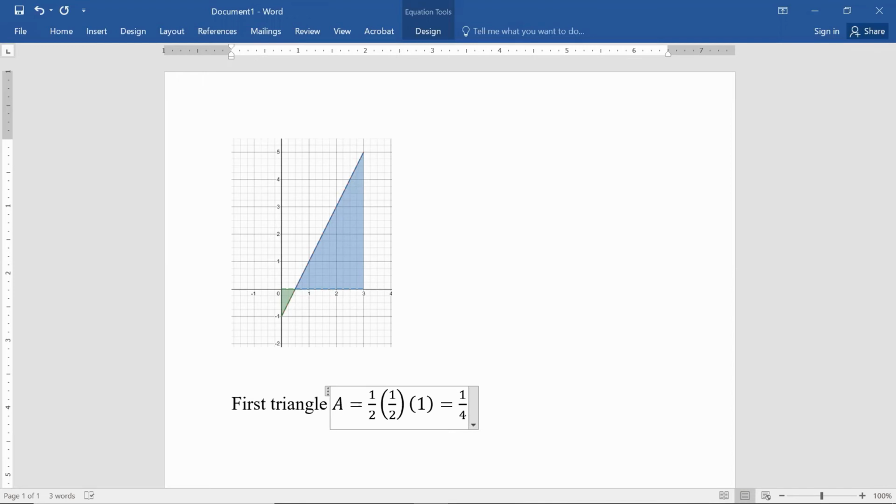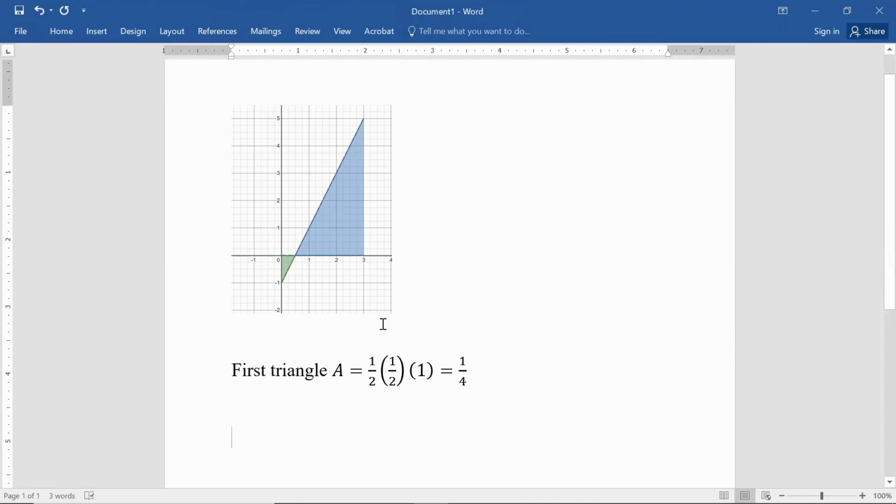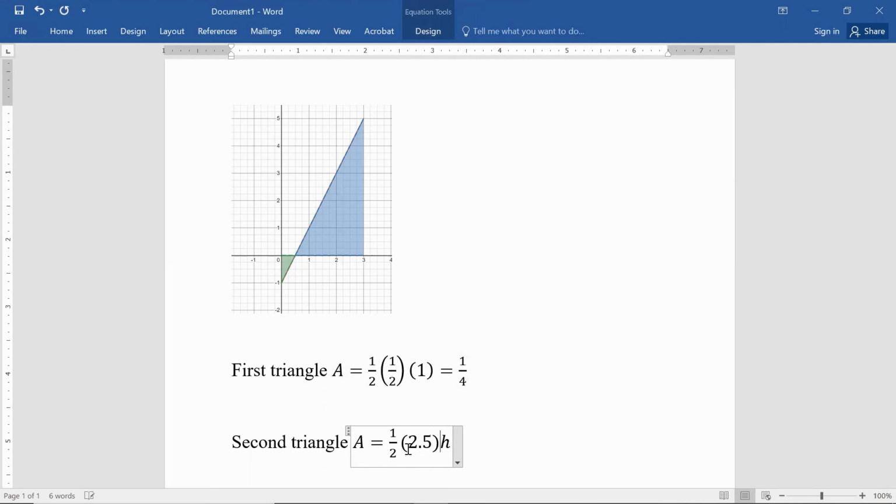The second triangle is going to be the bigger triangle, the one I had shaded in blue. The area of that is 1/2 base times height. The base in this case goes from 0.5 to 3, so the base is length 2.5, or you could write that as a fraction as well.